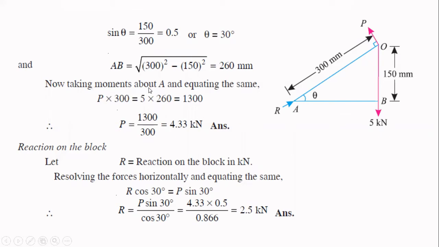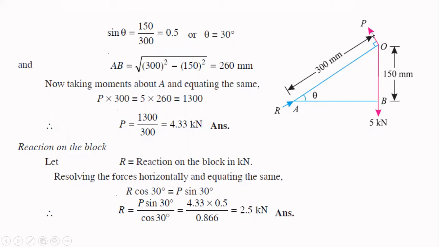Now take the moment about point A and equate the same. What will happen? At point A we are taking the moment. Now reaction R is passing through the point A. That's why the perpendicular distance due to this reaction will be 0, and the moment produced due to this reaction will be 0.